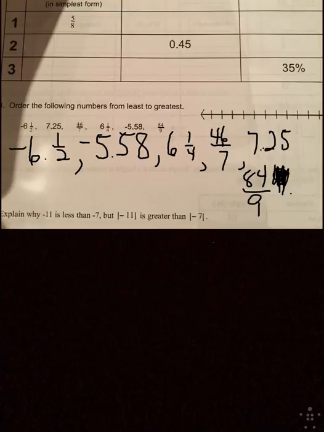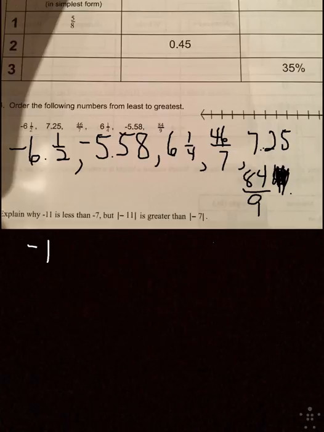Number 5 asks us to explain why negative 11 is less than negative 7, but the absolute value of negative 11 is greater than negative 7. And this is really simple, but you have to explain both. So why is negative 11 less than negative 7?